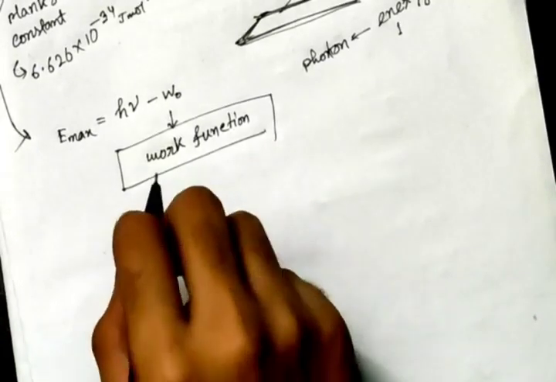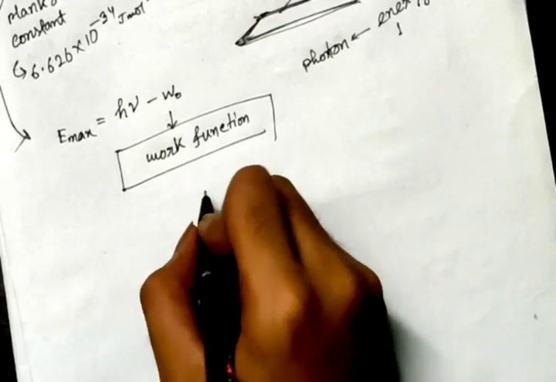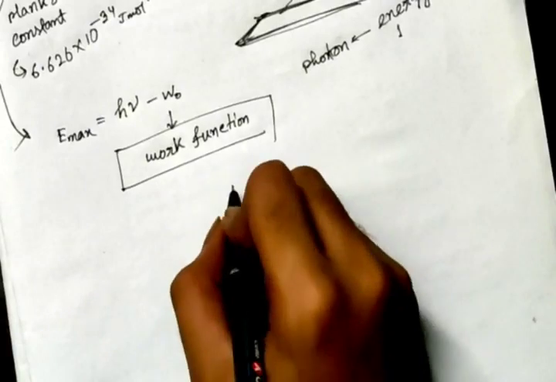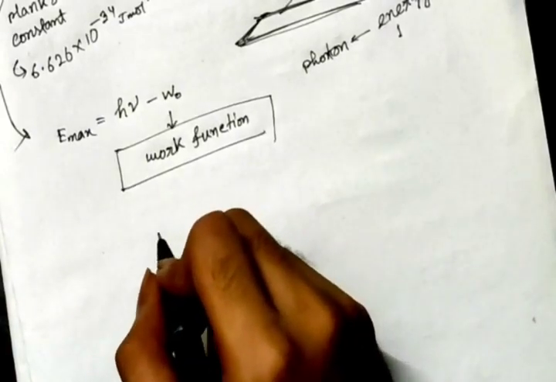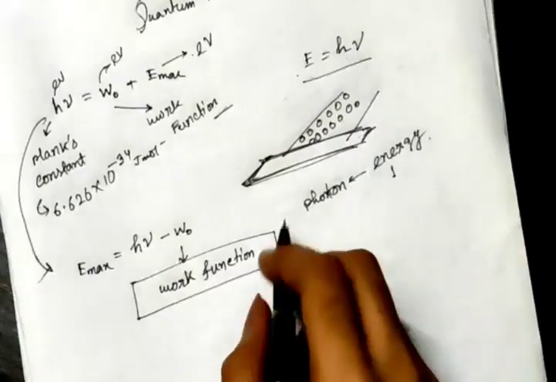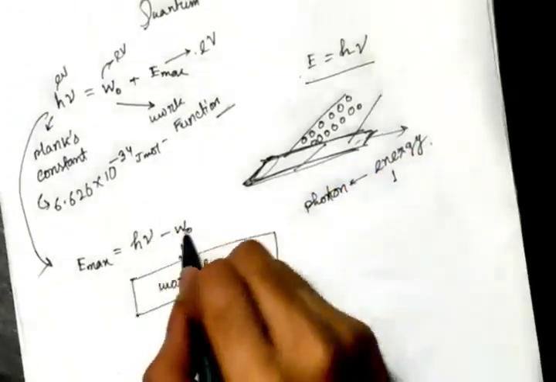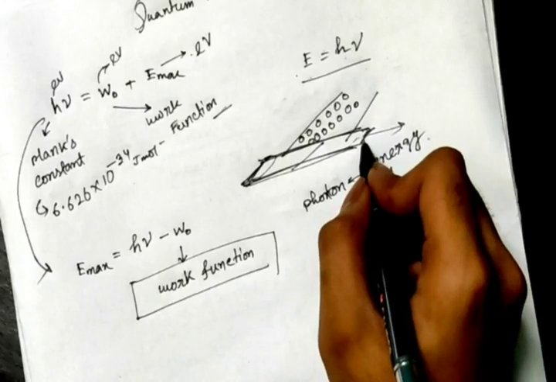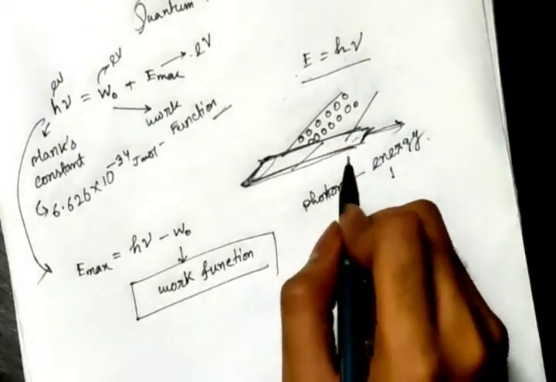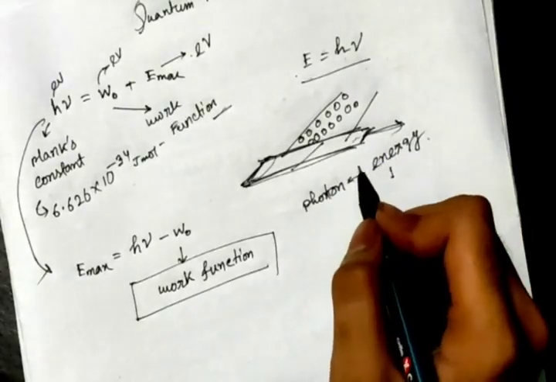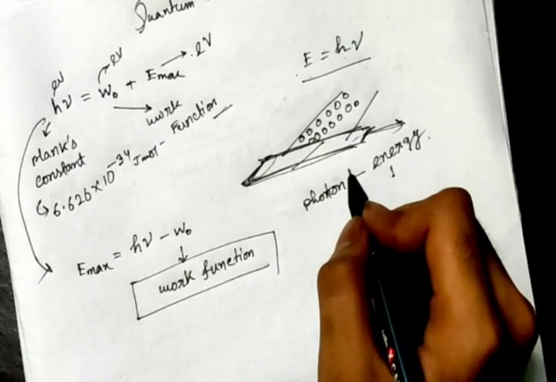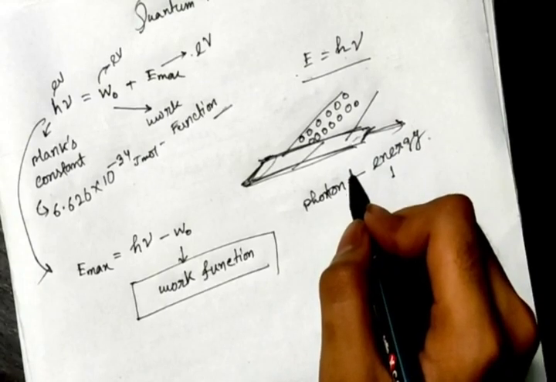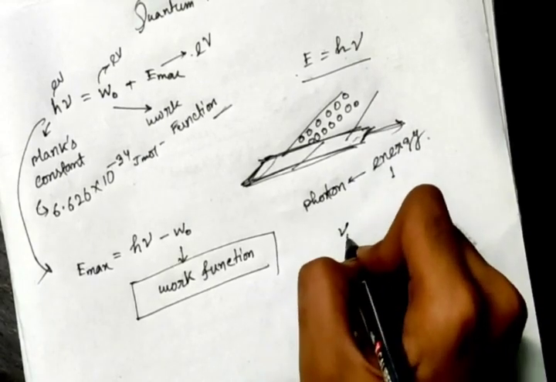Let us assume that a metal emits electrons as a sign of photoelectric effect with minimum light having frequency of nu naught.